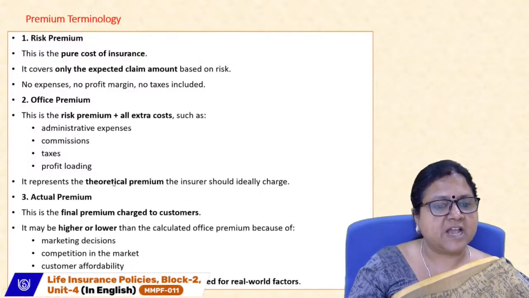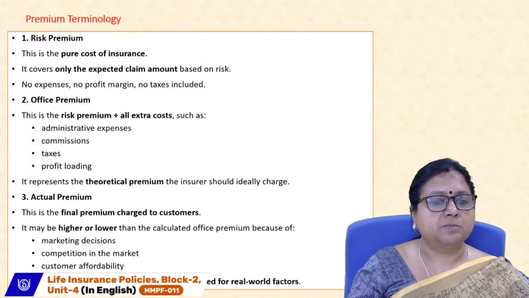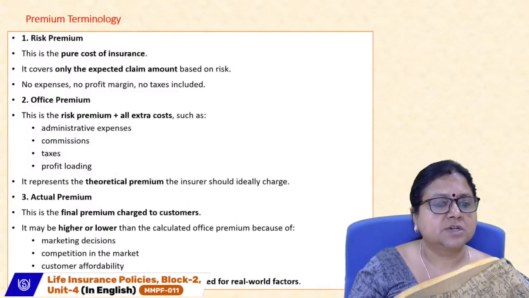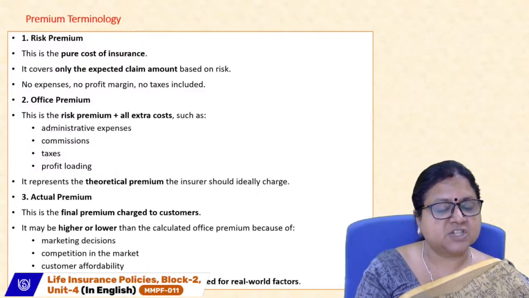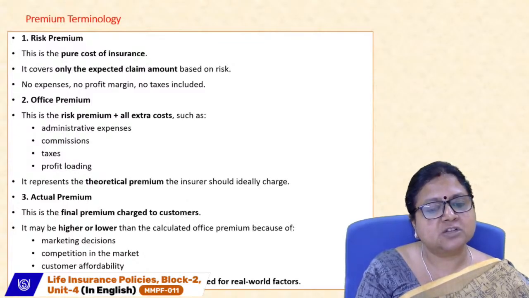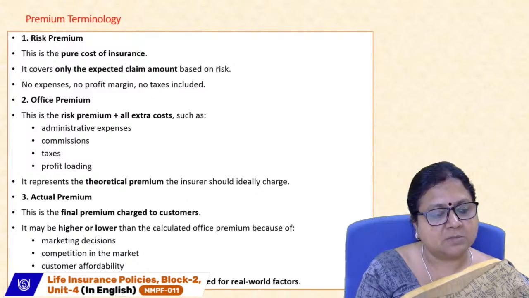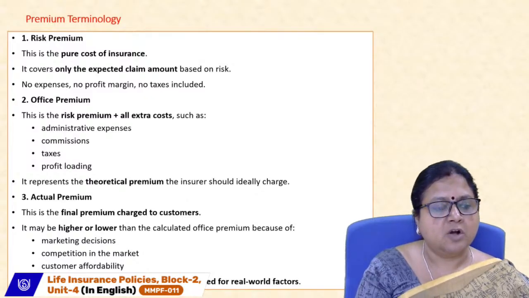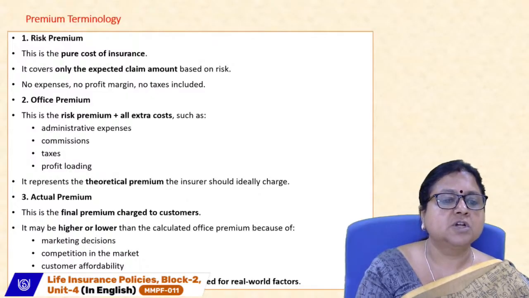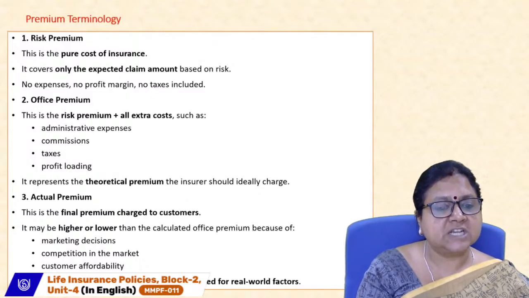But finally, the actual premium which is paid by the policyholder is the amount of premium which is charged to the customers. It may be higher or it may be lower based on how much the customer can afford. It depends on his income level, it depends on the scheme, it depends on the risk of his coverage. Of course, there are several players in the market, so the competitive rate also matters.